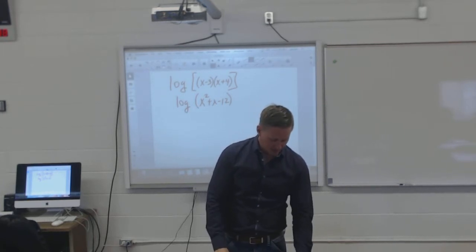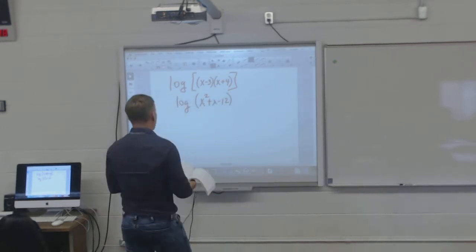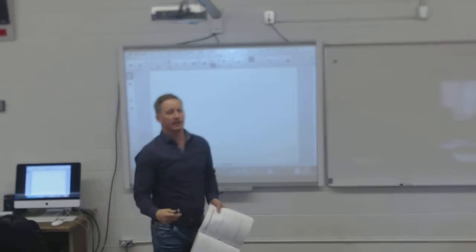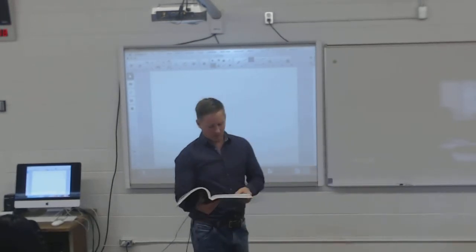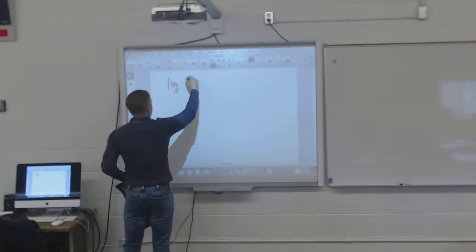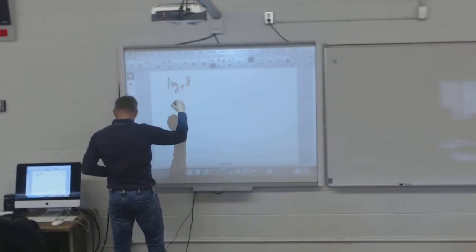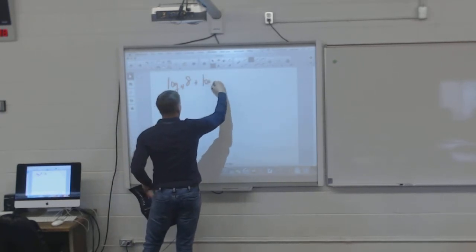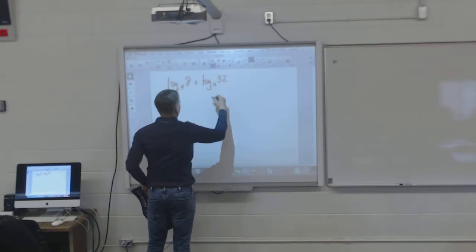Let's look at that first evaluation one. So again, what they're doing with this course is they're trying to get you to do as much as you can without calculators. So look at log 8 to the base 4 plus log 32 to the base 4.